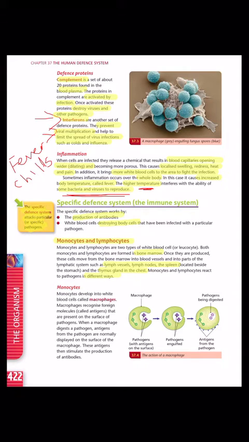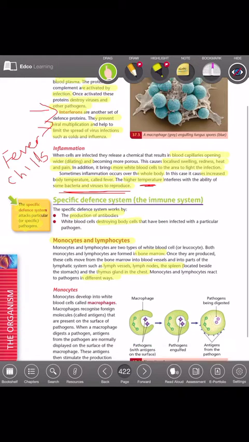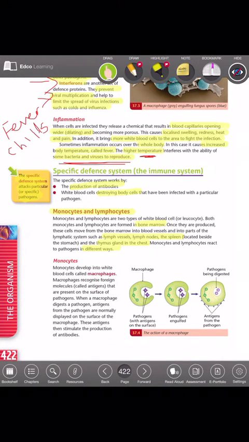Okay, so let's go through that again using this diagram here. So we have our macrophage, and what's actually happening here is that the pathogen has these little antigens which are on the surface of it. And when the macrophage engulfs it or surrounds it, the little antigens that were on the surface, you can see them here, they're little spikes.